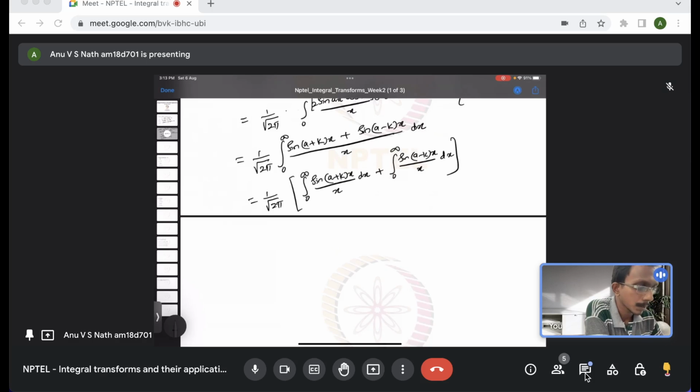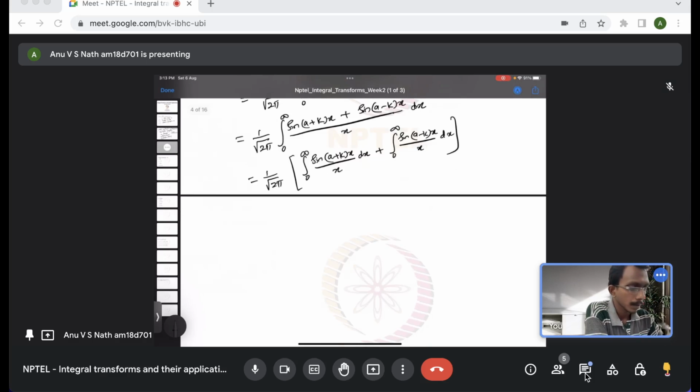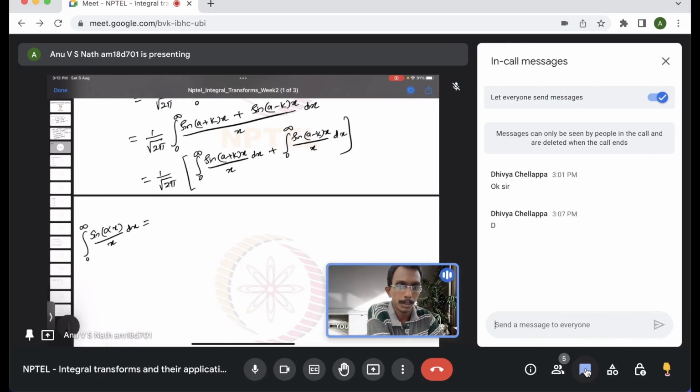So now I guess you know this integral, sin of, let's say, a number alpha x divided by x dx, integral 0 to infinity. Do you know the answer of this integral? Anybody know? You can answer either in chat or you can unmute yourself and tell.